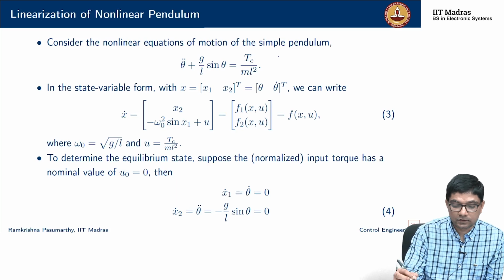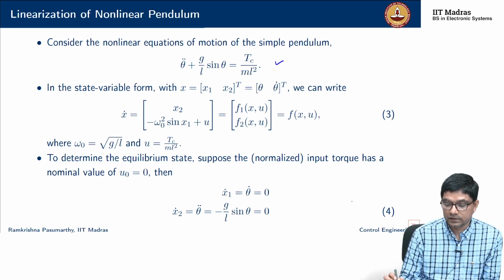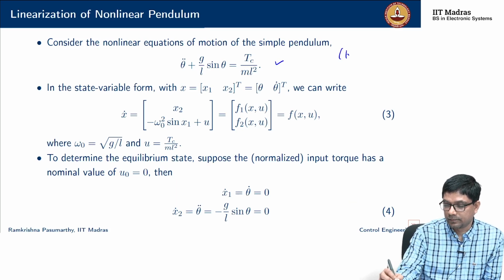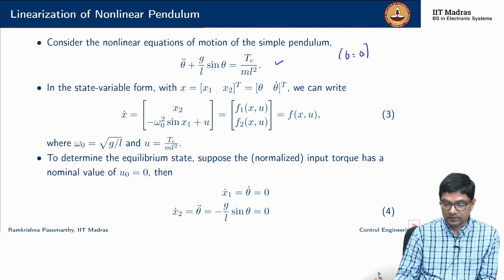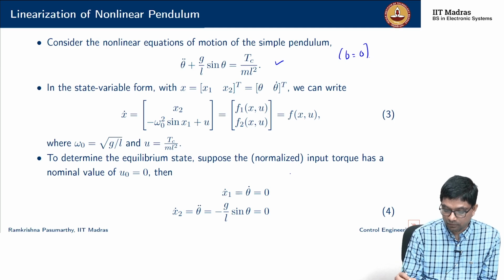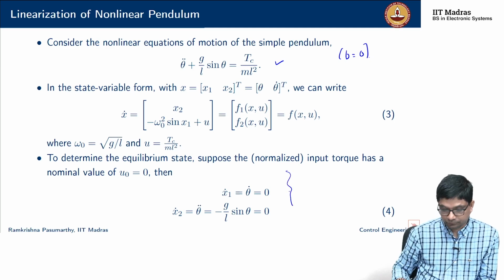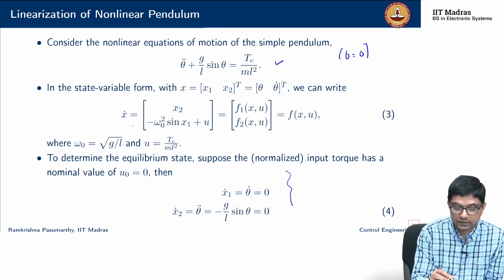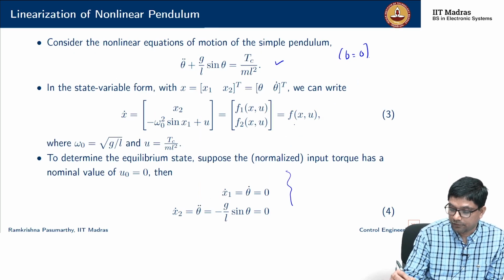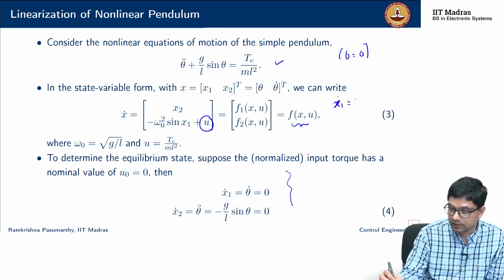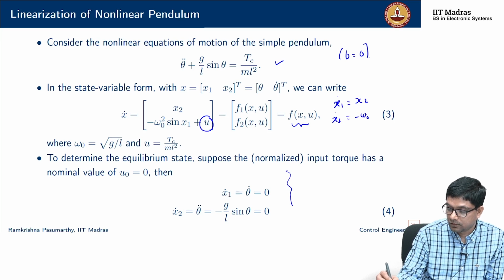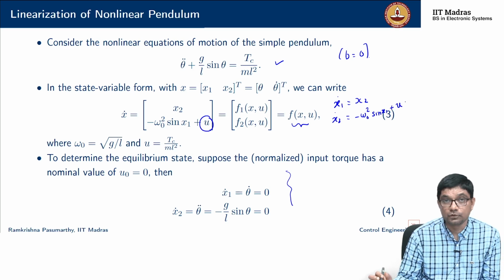So I just look at the nonlinear equations of a simple pendulum. I also set b equal to 0 for simplicity. So what I now have is I can write this in the state space form like this. So this is x dot, this is my f(x, u), there is a u here. So x1 dot is x2, x2 dot is minus omega square sine x1 plus u.